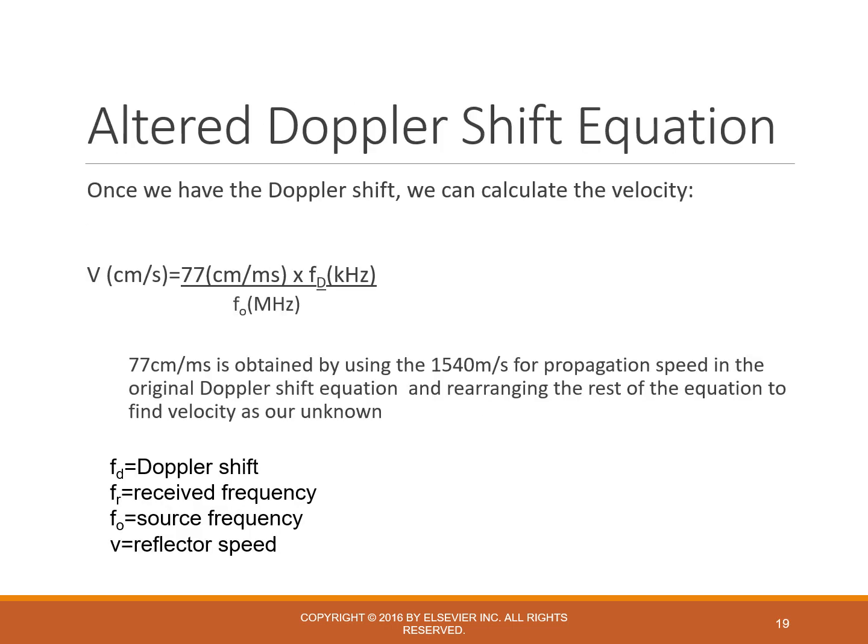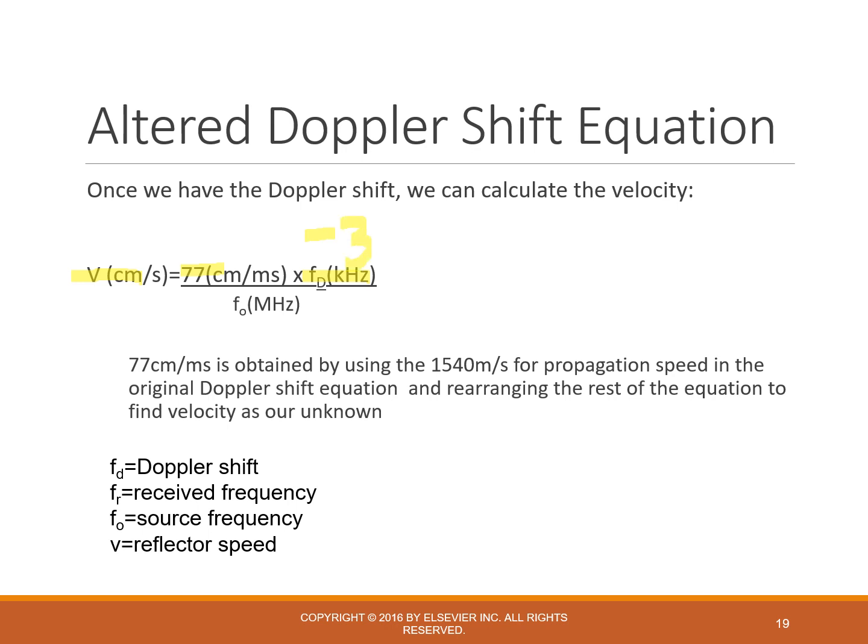Now, fortunately, our system is doing this behind the scenes, so we're not having to do these calculations. But once the Doppler shift is obtained, our system can actually calculate for velocity, which is what we're really interested in anyway. To calculate velocity, our equipment calculates 77 centimeters per millisecond times the Doppler shift. In our example, if we went from 5 to 2, this would be a -3.